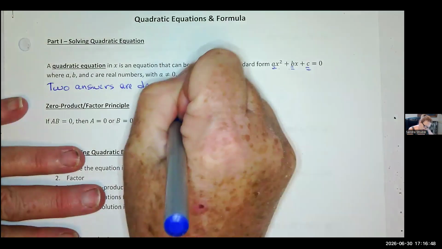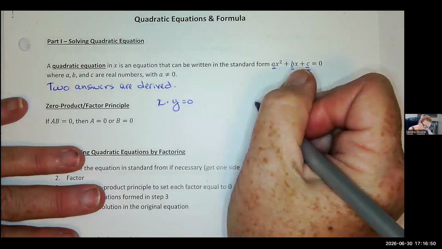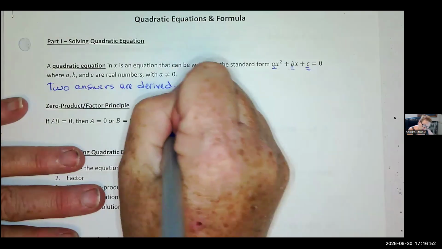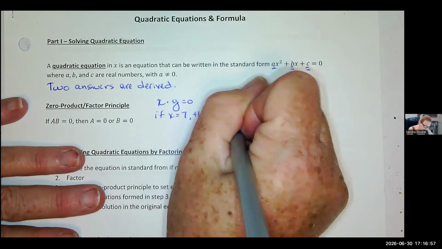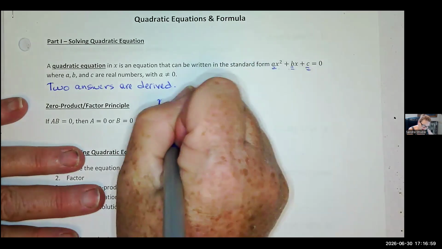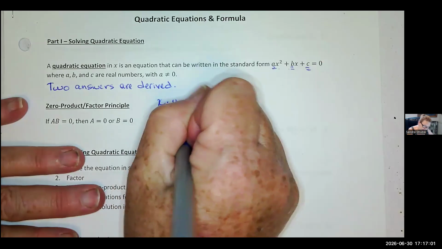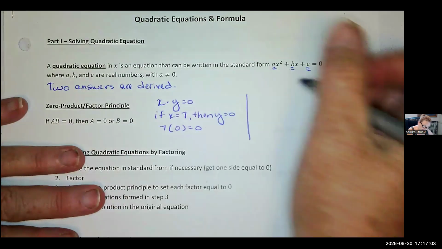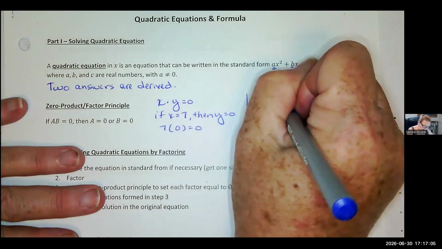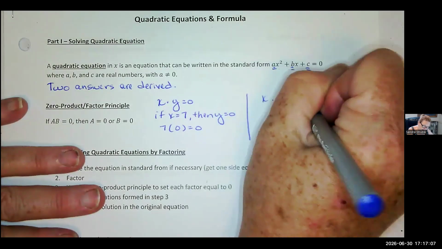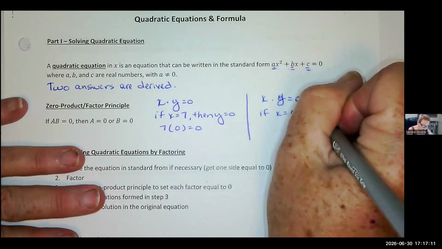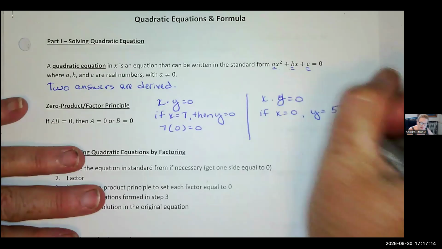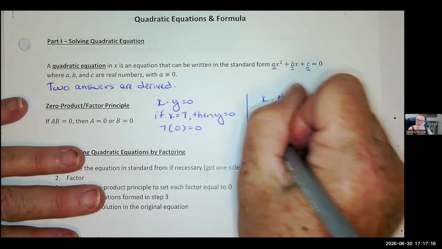If I say that X is equal to 7, then you know that Y must be 0, because 7 times 0 would have to give us the 0. If instead X is 0, Y can be anything in the world. It doesn't matter, because 0 times that number is still 0, including 0 times 0.